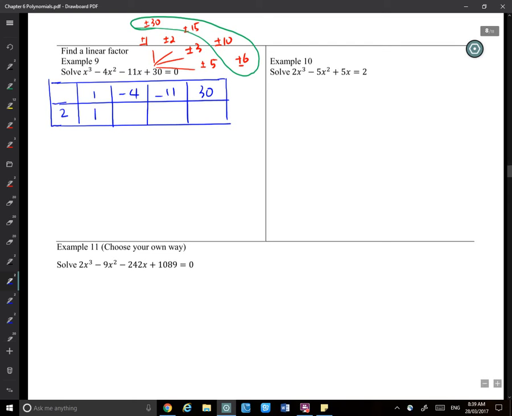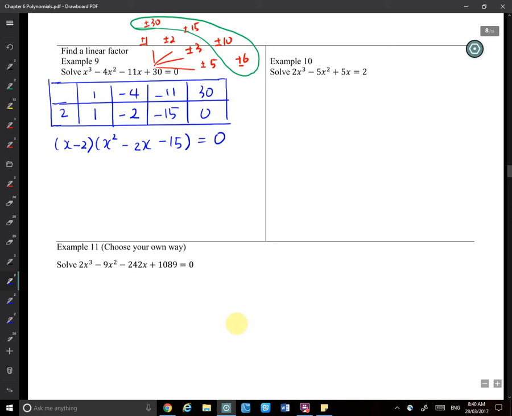So we have 1, and then 2 minus 4 gives me -2. -2 times 2 is -4, and -4 minus 11 is -15. -15 times 2 is -30, and I have a 0. So that one worked. I can factorize as x minus 2, x squared minus 2x minus 15, which will give me 0.